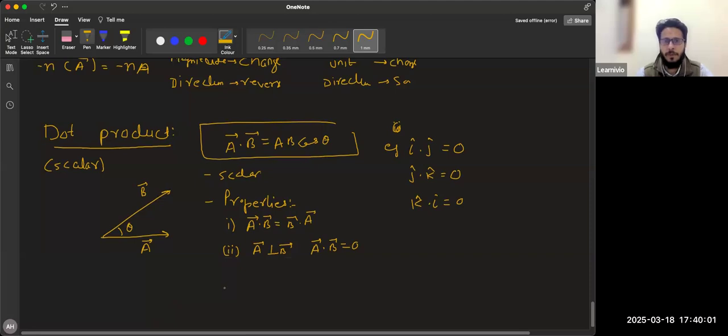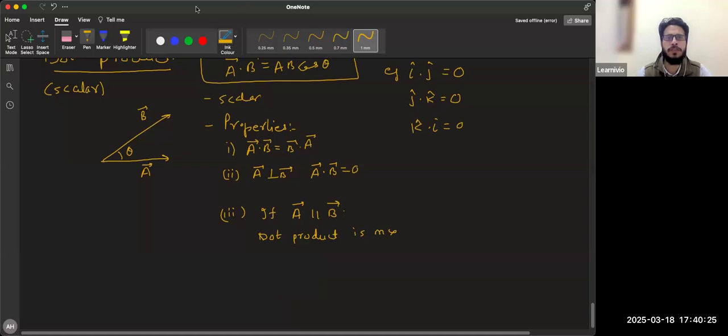Then the third property is if vector A is parallel to vector B, then the dot product is maximum. What is the angle between parallel vectors, Upasana? 0 degrees.